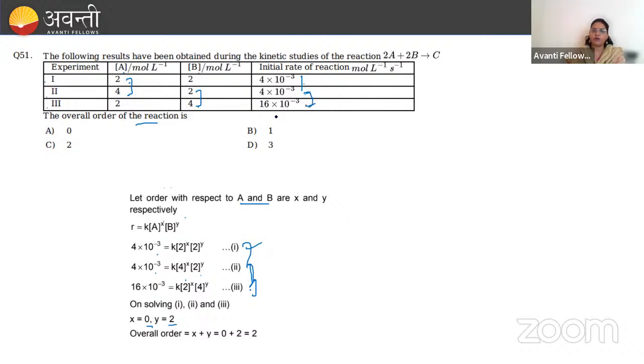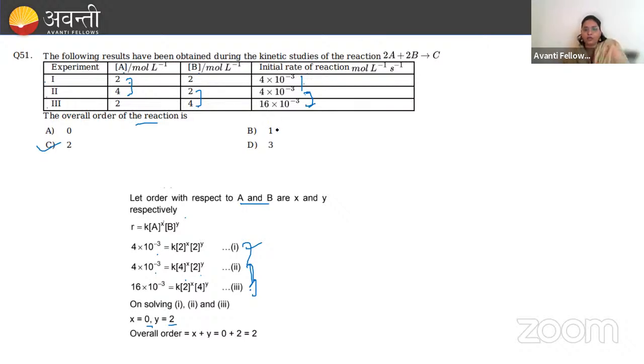So the order with respect to B is 2. So the answer will not be 0, Ayushi. It won't be option A, it will be option C.